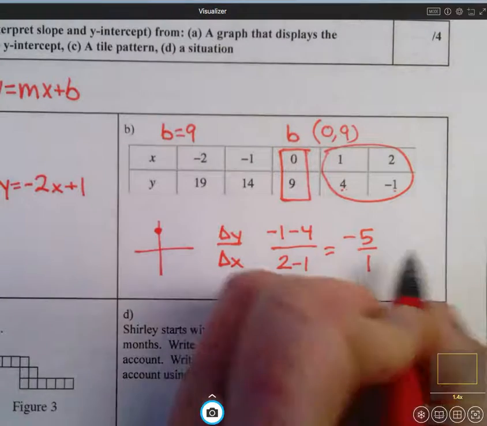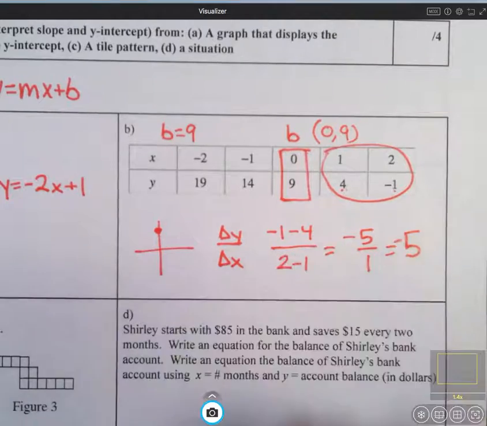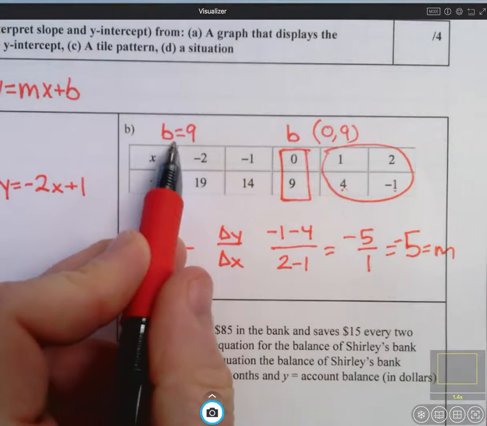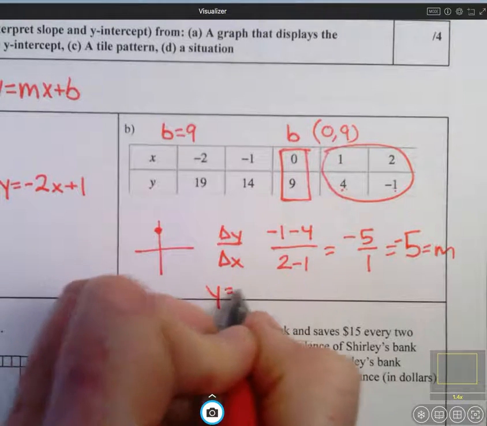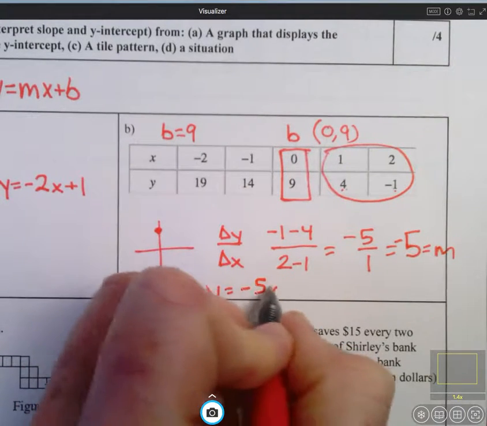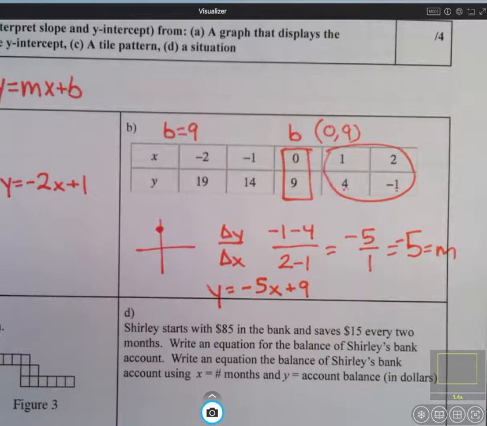So my slope is -5. So I've got my b, and I've got my m, which is -5. So we have y equals -5x plus 9. Okay, there's my answer to that one.